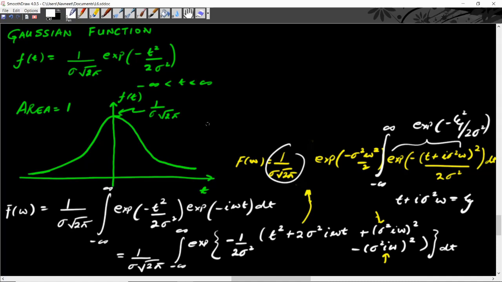That means f of omega, that is the Fourier transform, can be written as exponential of minus this thing.